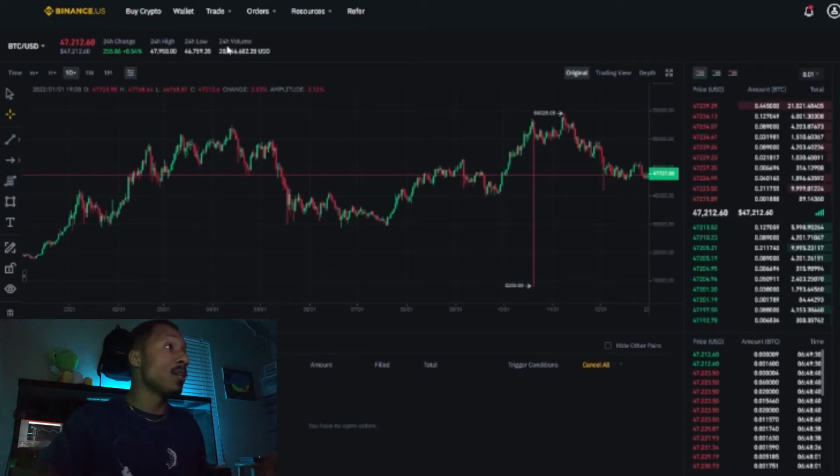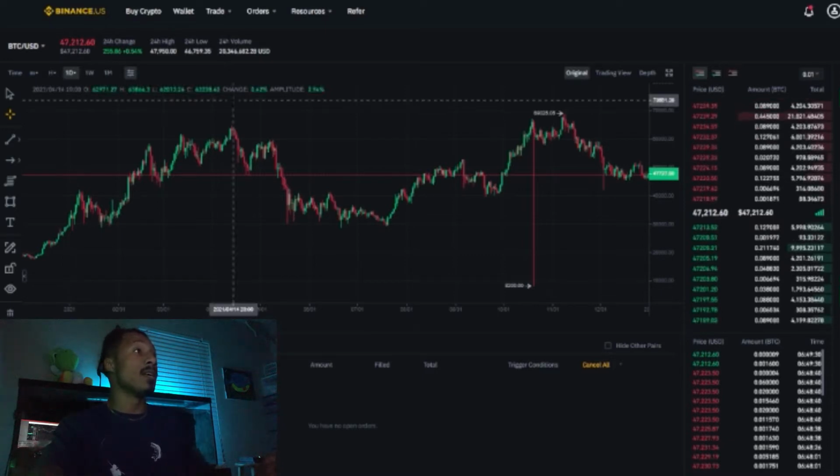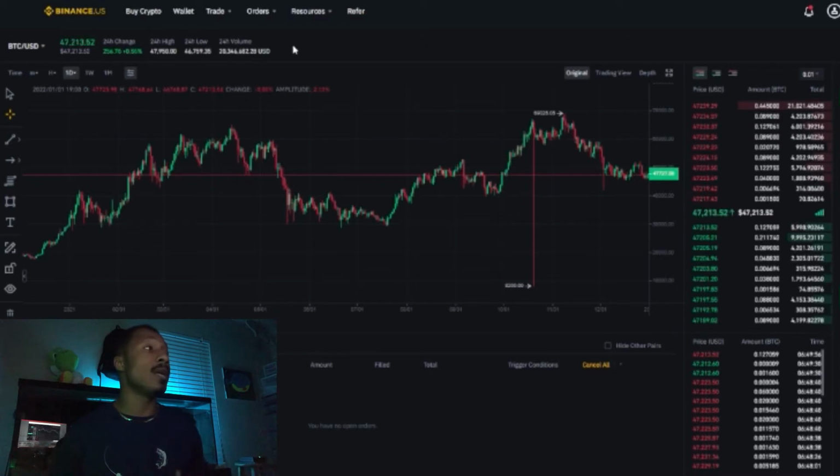In the past 24 hours, Bitcoin has seen $20 million go into it, $20,346,682.28 to be exact. So volume, dollar volume, is the amount of money going in and out of an asset, the amount of money being traded and invested. That's a quick crash course on what volume is.